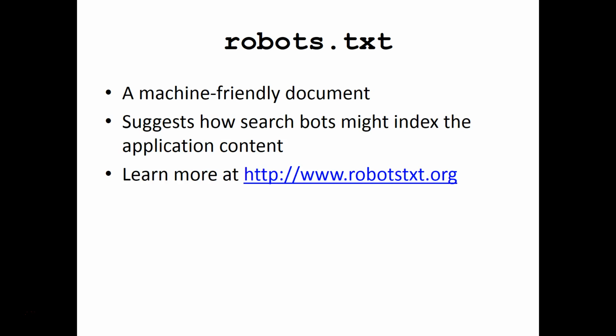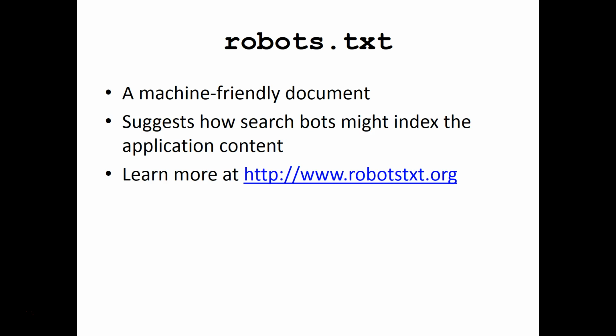You might have heard of robots. So this is the other side. If you are a machine and not a person, this is only a list of suggestions for the search bots. So if you say, do not index my directory that contains images, because you don't want Google Images, for example, going through your images and pulling them up on an image search, you can say no index images in this file.